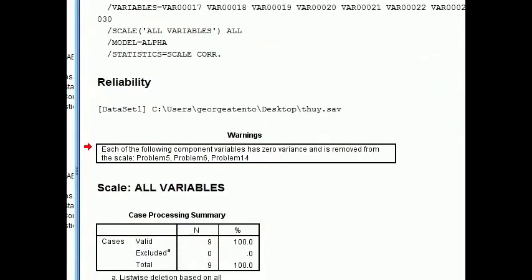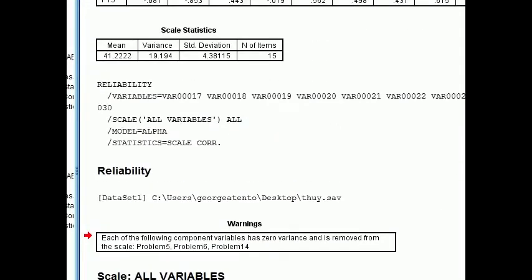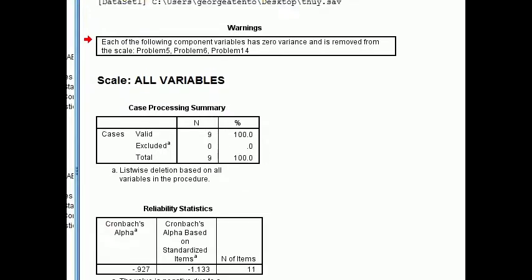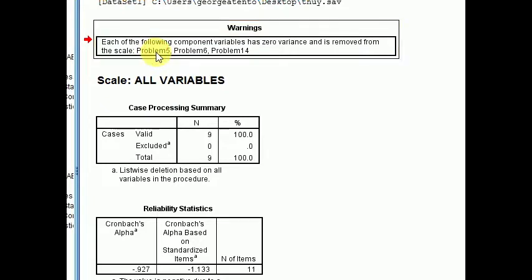All right. The next set of reliability analysis is where the problem comes in. First, there's a warning: each of the following component variables has 0 variance and is removed from the scale. Problem 5, Problem 6, and Problem 14.